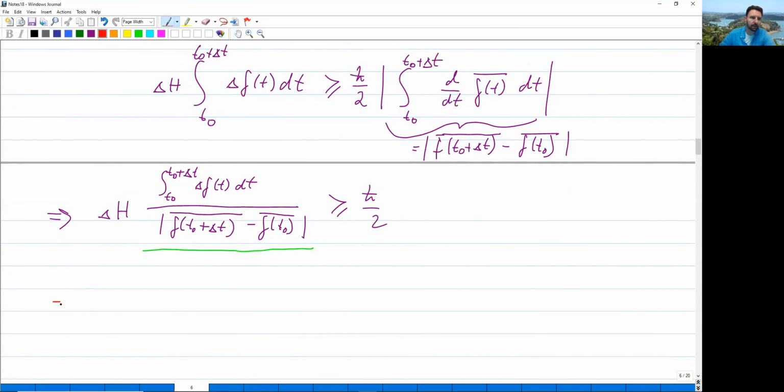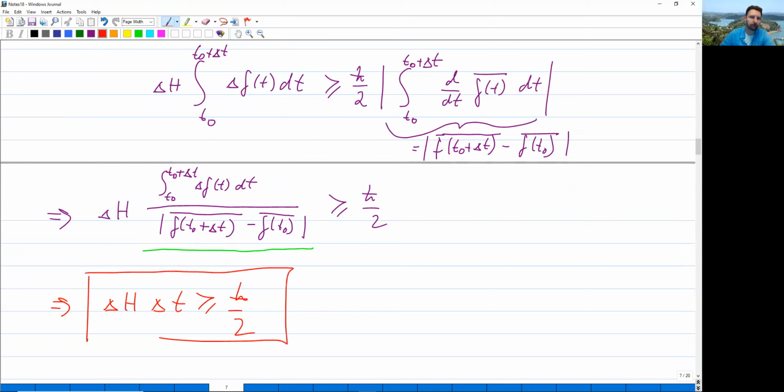So what we obtain therefore is that delta H delta t is larger equal h bar over 2. This is the famous time energy uncertainty principle, or uncertainty relation.